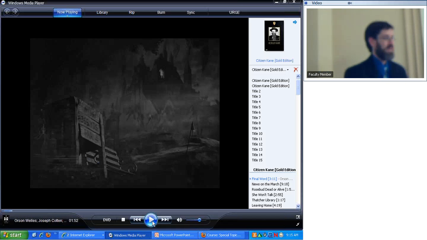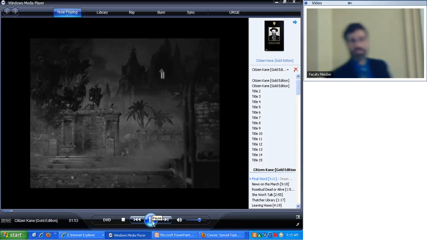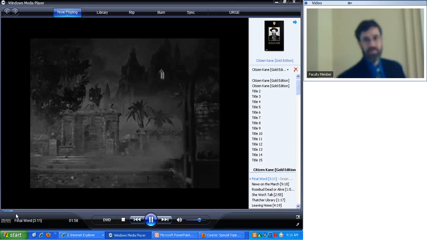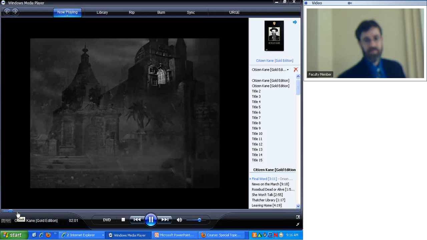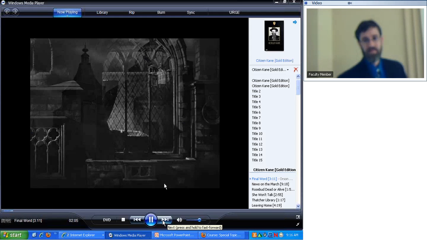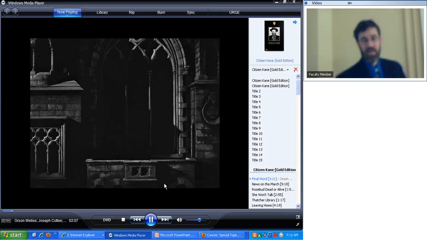That's why the camera moves around. Now we're focusing. Notice how the extradiegetic sound of music corresponds to what's seen.